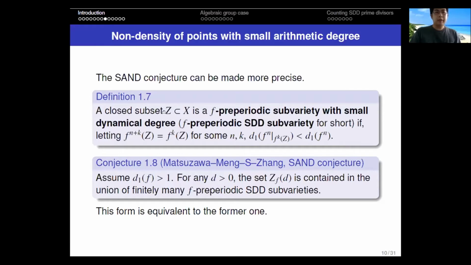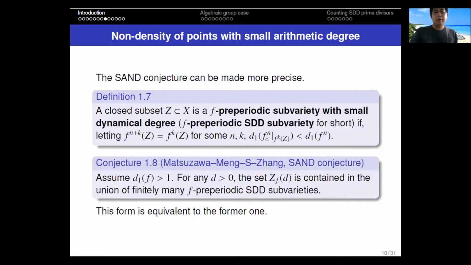A closed subset G of X is an f-periodic subvariety with small dynamical degree, and we denote it by f-periodic SDD subvariety for short, if first G is pre-periodic in this sense, and so we can restrict the dynamics to f^k(Z).